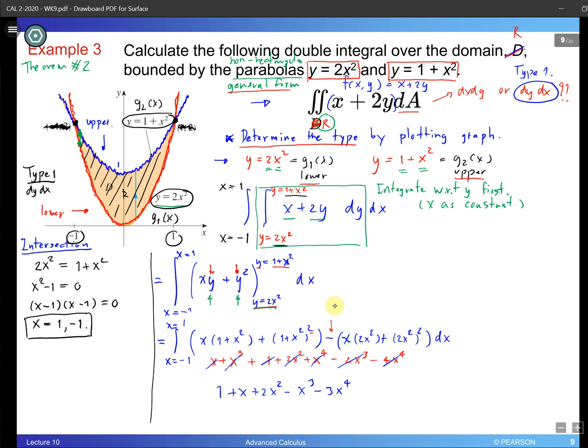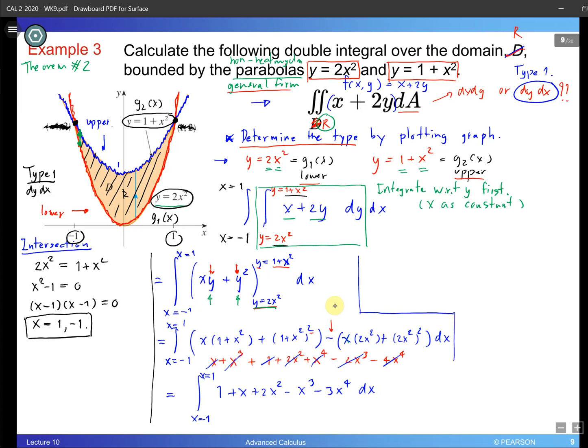Okay, and we are supposed to integrate all these terms with respect to x, starting from x equal to minus 1 and ending at x equal to 1. Okay, I know that we ran out of space, so I'm going to make a border like this.